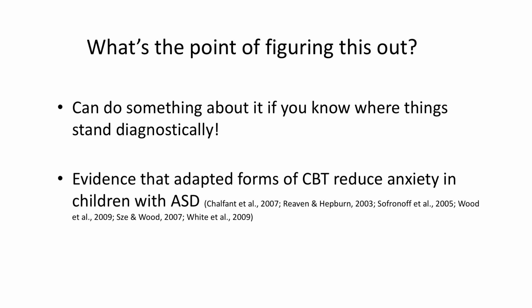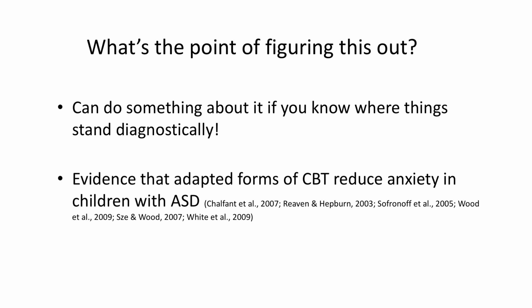So what's the point of figuring all of this out? The way that it typically works is, we want to help these children, and in order for them to get help, it often starts with getting a diagnosis or a provider saying, this is a clinical area of anxiety, and this might be something you could actually get help for, and your child could get relief from some of these symptoms.